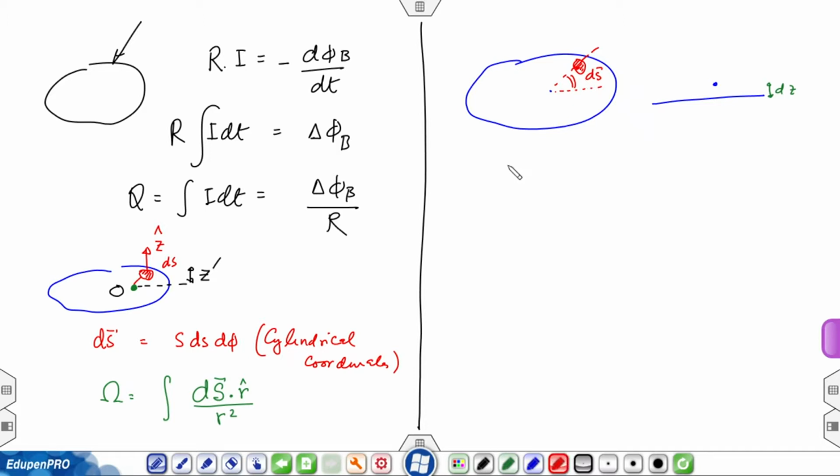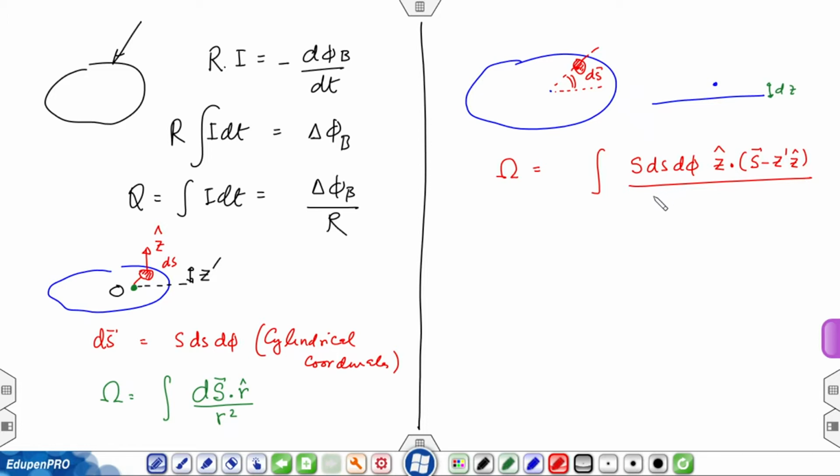So, I am going to have omega equals integration, where the area becomes s ds d phi in the z direction, dotted with the vector s minus z prime z, divided by the distance between the 2 points.